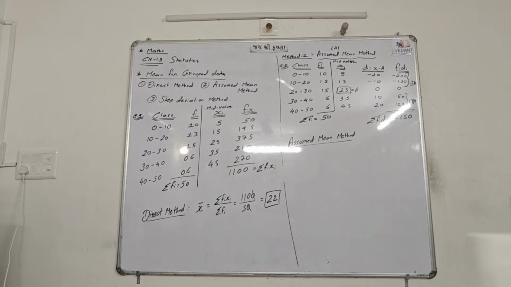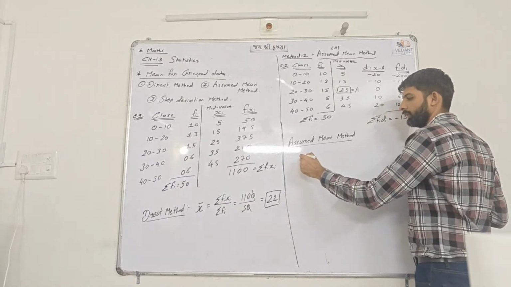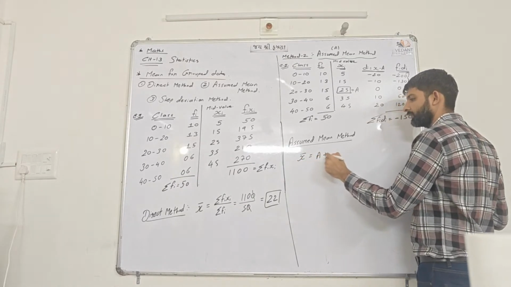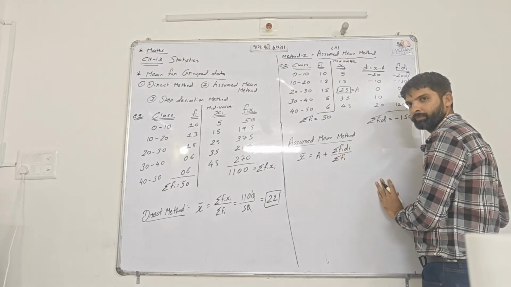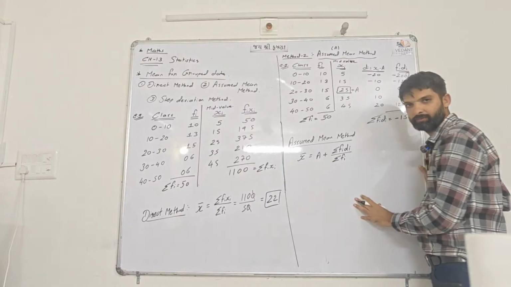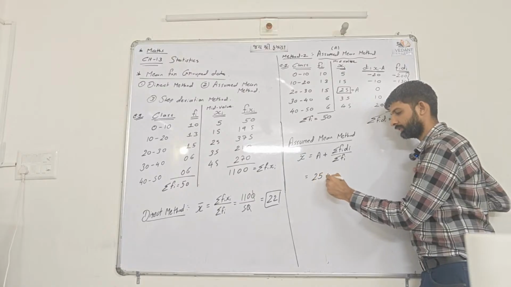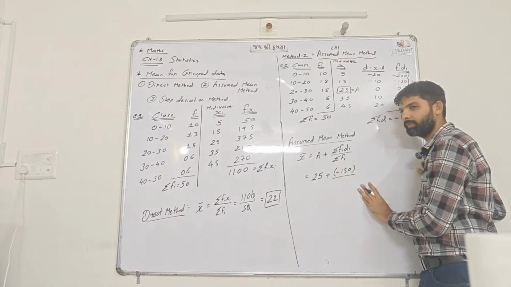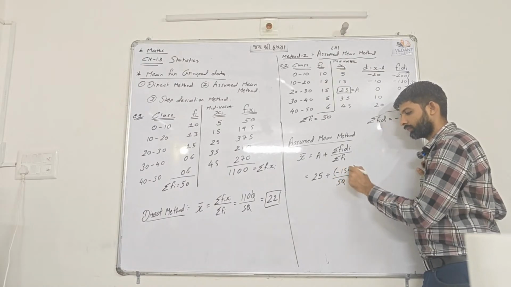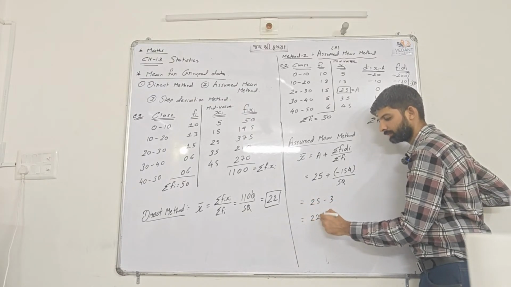Now x bar is equal to a plus sigma fi di upon sigma fi. This is the formula. What is the value of a? 25. Plus, what is the value of sigma fi di? What is value of sigma fi? So 25 minus 3. Again you get the same answer.